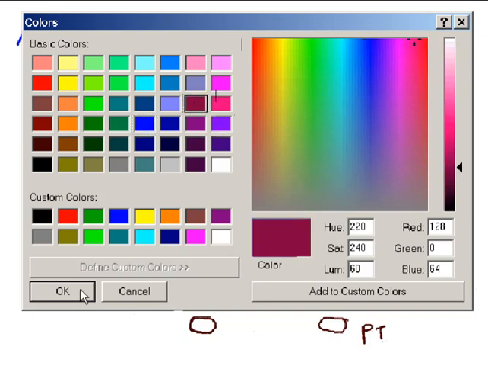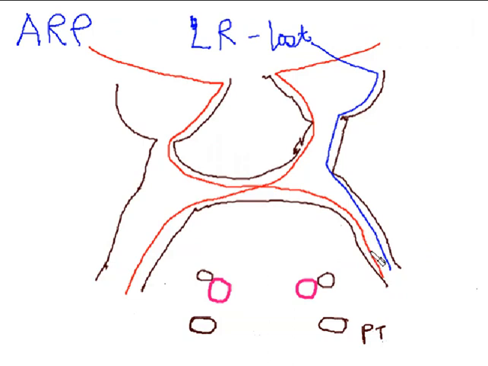Part of these fibers would cross over, they would synapse in the pretectal nuclei. From the pretectal, it would go to the Edinger-Westphal of both sides.